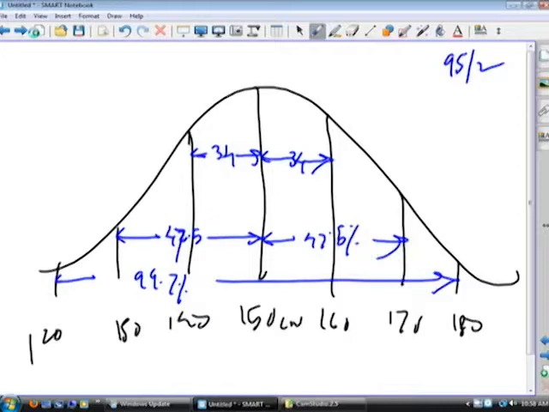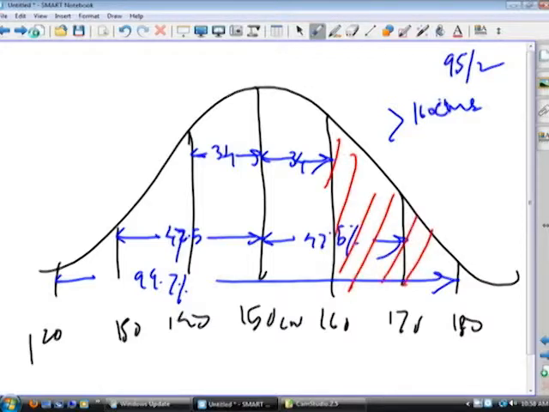Now let's say, when we discussed earlier, the example was the proportion of the population having height more than 160 centimeters. So in this case, the area under the curve will be the right side of the curve from 160.